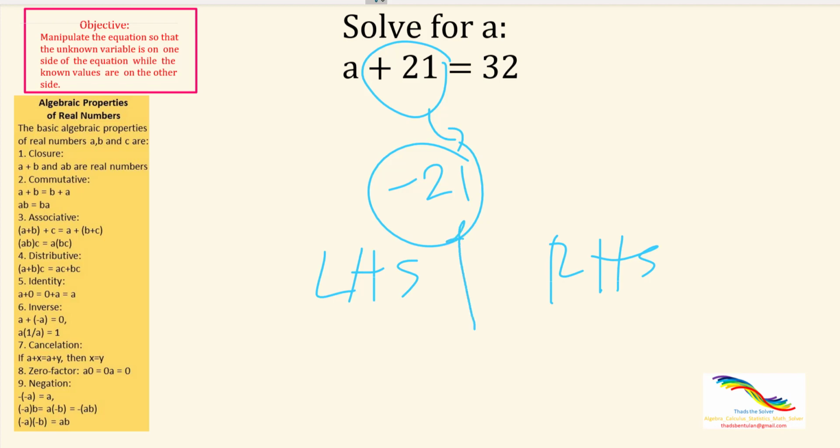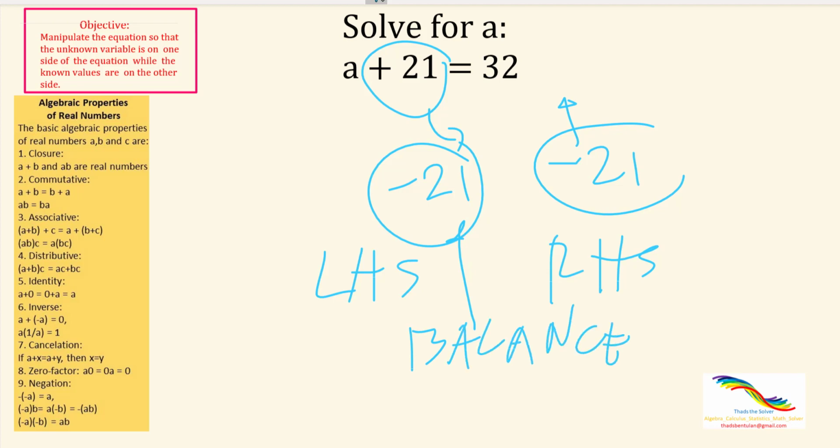So if you subtract 21 there, you must also subtract 21 here, right? Balance. It's all about balance. The equation is an equation if it is balanced. Whatever you do to the left hand side, you should also do to the right hand side. So now we know how to solve this problem.